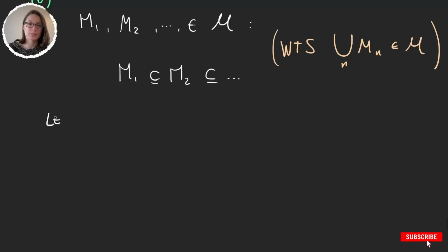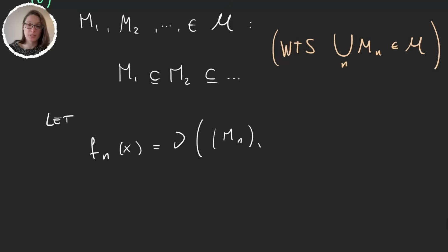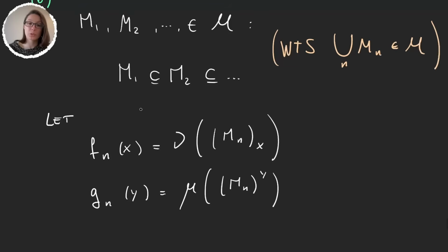So let's define Fn of x will be the measure nu of, well, for the set Mn has to be the x section. The same for G. Gn of y is going to be the measure mu of, and now for each of these sets, the y section. So we already know everything about these sets because these are all elements in M. And we want to say something about the union.